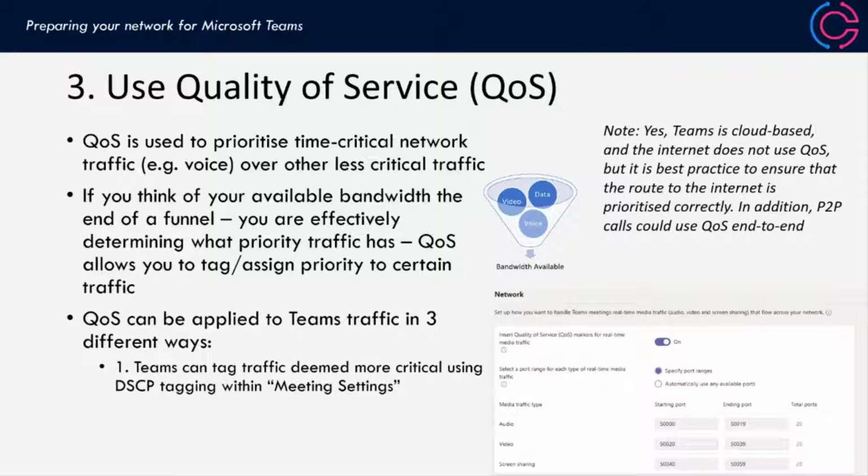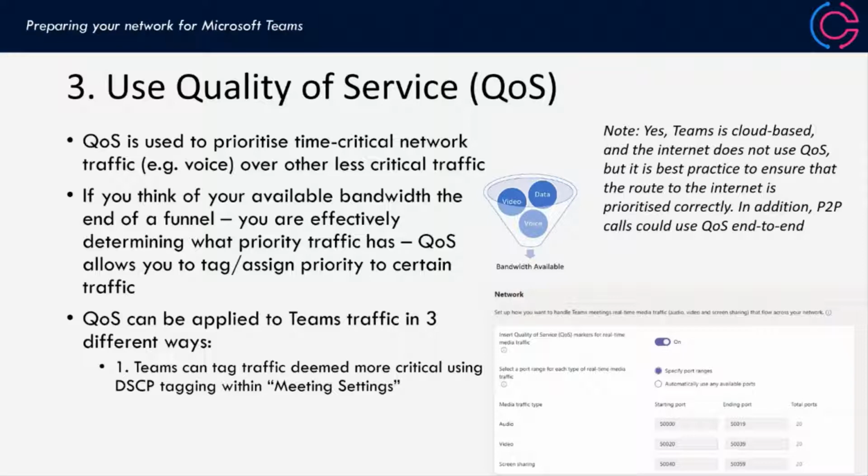So there are 3 ways to apply QoS when using Teams. The first one is actually using the Teams client to tag the traffic for you. By doing this, you're classifying, you're turning on the insert quality of service markers, and that's classifying those 3 port ranges there. We've got audio, video and screen sharing. Those are the 3 time-critical streams that you want to be prioritizing.